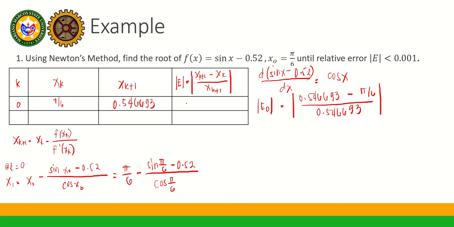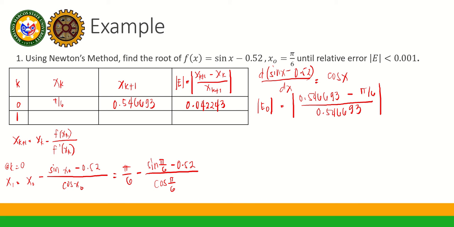So, our relative error is equal to 0.042243. Okay, so our relative error is still not less than 0.001. So we still proceed with the iteration. Okay, now for our k is equal to 1.